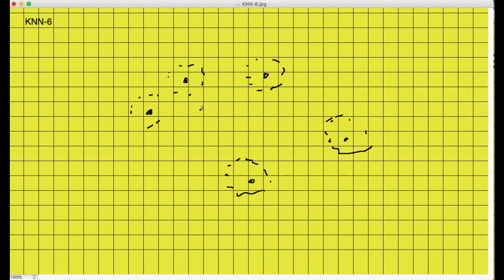Now I pick my D sub 1, whatever that happens to be, and maybe it's right here. I'm going to calculate this distance to this centroid, this distance to this centroid, and the distance to each of the other centroids. And I'm going to pick the one of minimum distance. The one of minimum distance is this one right over here.